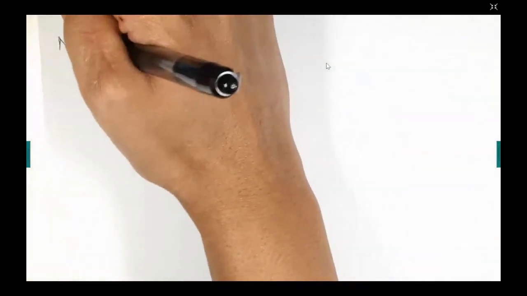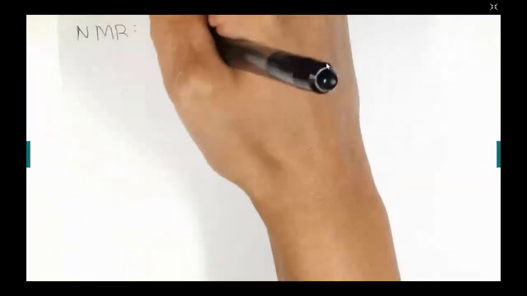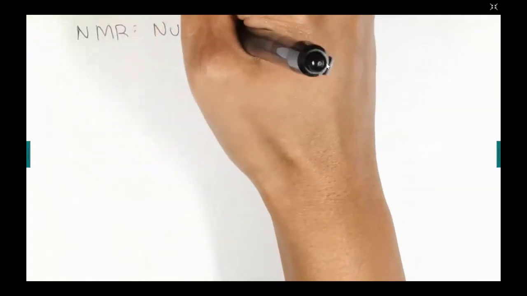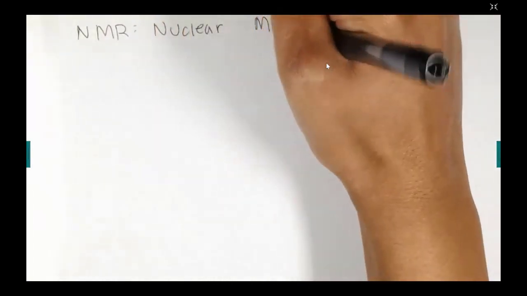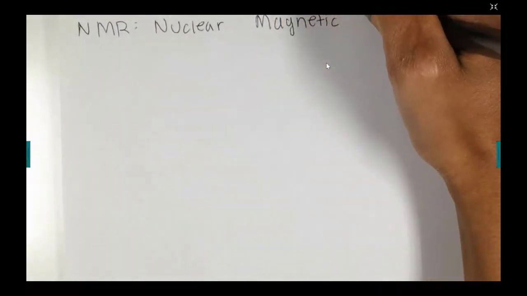We're going to be looking at NMR next. So NMR is nuclear magnetic resonance spectroscopy. What that really means in a nutshell is that we are going to be looking at protons.